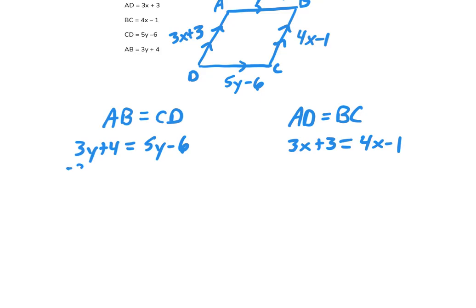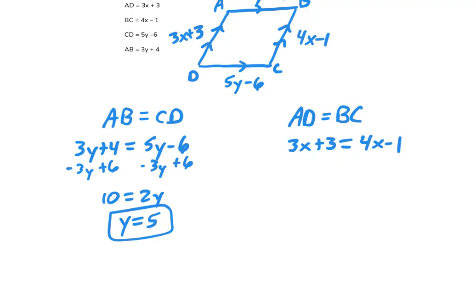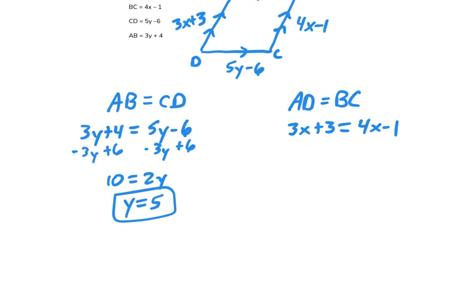Subtract 3y from both sides. I kind of like to combine two steps into one. If I'm going to move my y's to the right, I'm going to move my numbers to the left. And I get y equals 5. Over here, we're going to get our x's together.